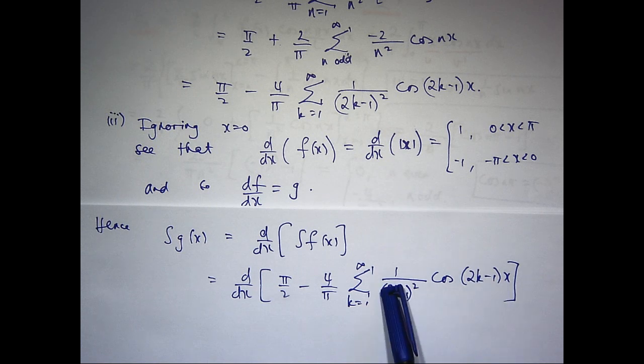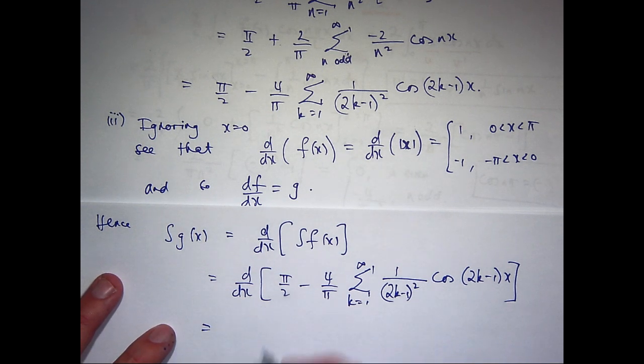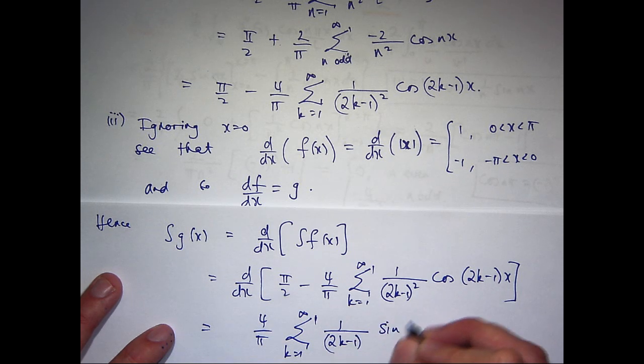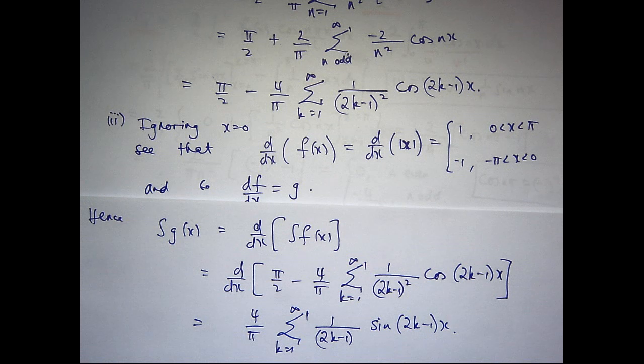The 2k minus 1 is going to come out the front, and it'll sort of cancel off with one of the factors down here. Okay? So now, just through one differentiation, we've produced the Fourier series, the Fourier sine series, for the function g.